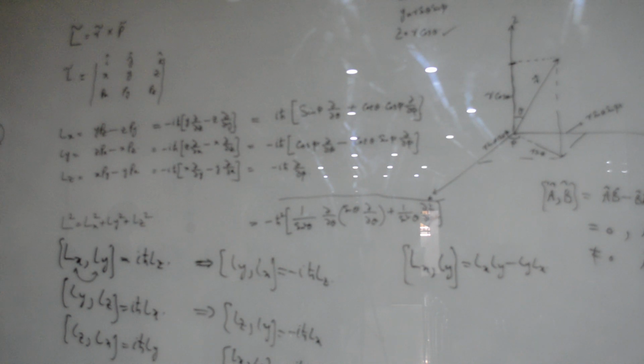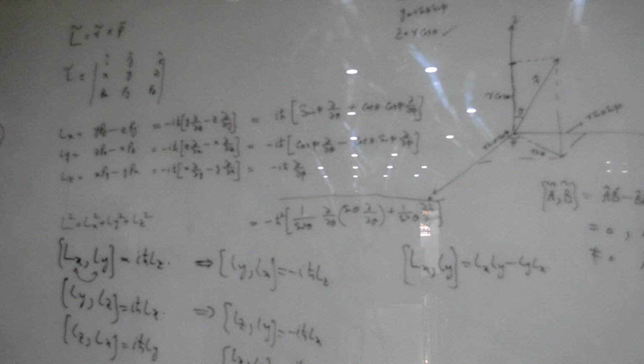Now the three components Lx, Ly, Lz do not commute. Lx, Ly: the answer is i h bar Lz. Similarly Ly, Lz: the answer is i h bar Lx. Lz, Lx: the answer is i h bar Ly. You must have done this in your BS or MSc course.